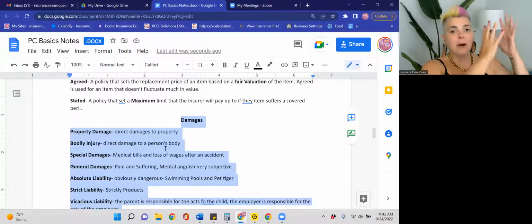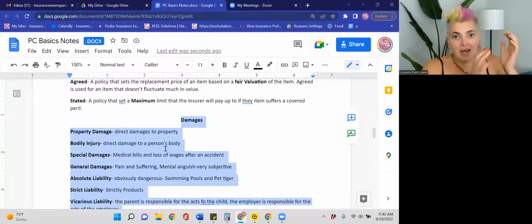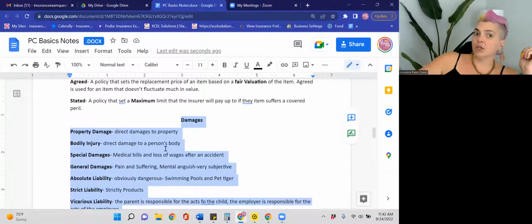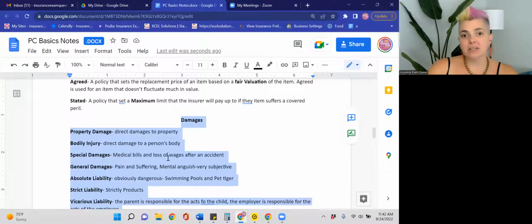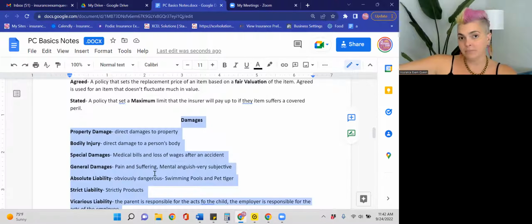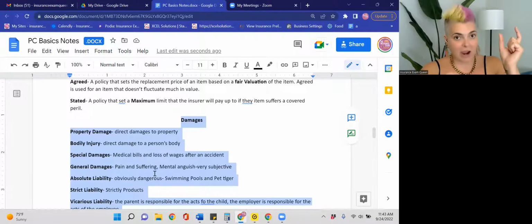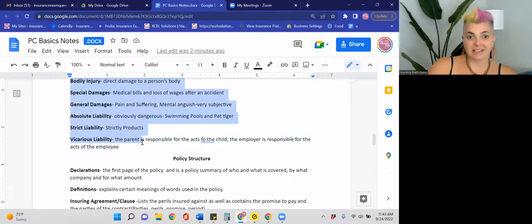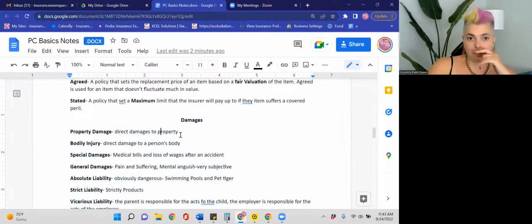A property policy is about me and my stuff. A casualty policy, on the other hand, is about other people and other people's stuff. Your car, your house, your things, your body. Damages tend to be more of a casualty thing because you're generally responsible for the damages you cause to other people. So when you're doing a property and casualty exam, they may separate basics of property from basics of casualty. Damages are usually in the basics of casualty section. Okay, just wanted to point that out.